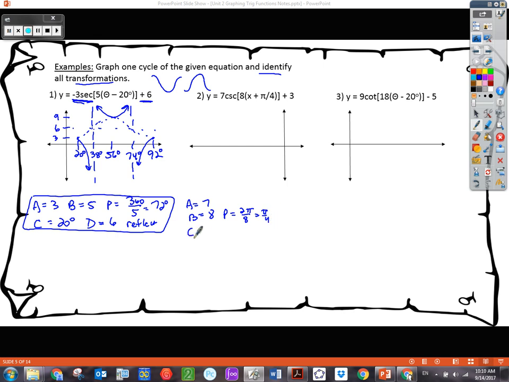Then our shift, our C value is, we're going to go left pi over 4, and our D is up 3. So there's the little transformations they're talking about.